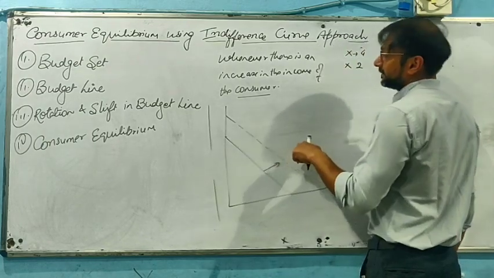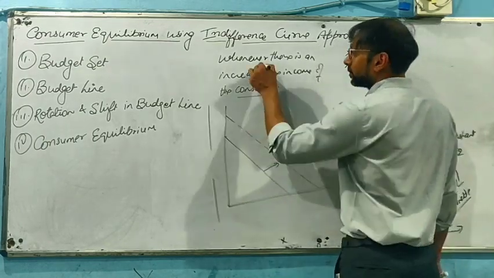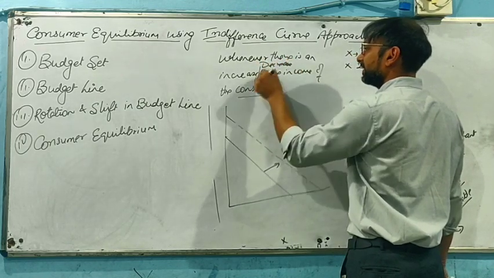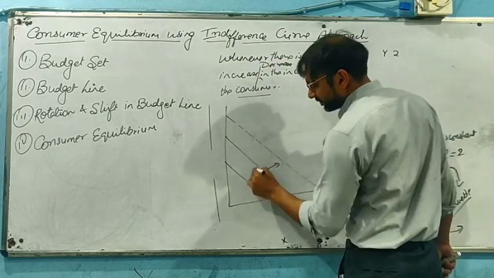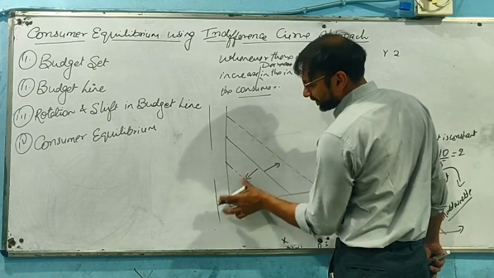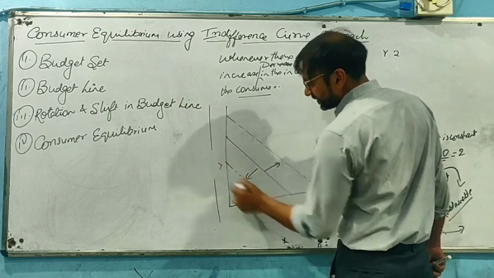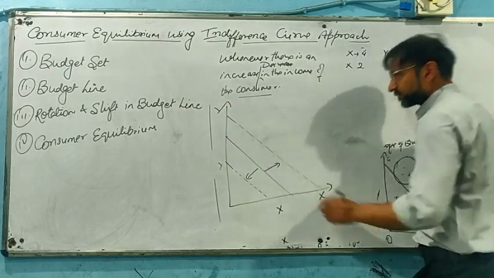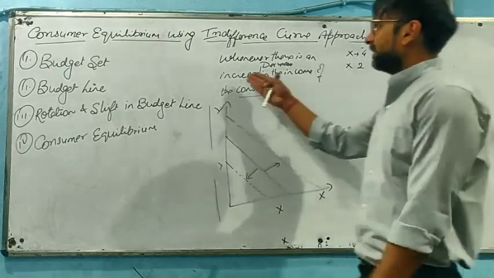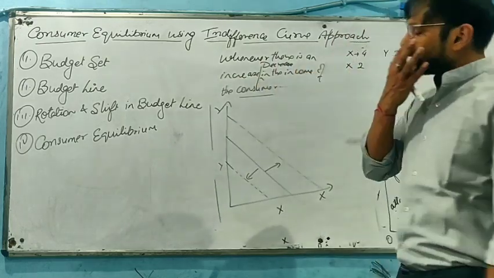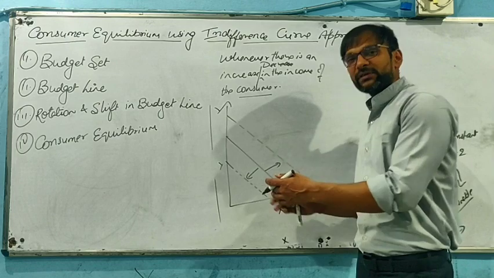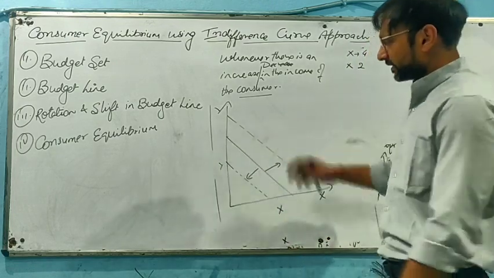If there is an increase, it will shift rightward, or if there is a decrease, it will shift leftward. In simple words, whenever there is a change in the income level of the consumer, either income increases or decreases, there will be a rightward or leftward shift in the budget line.